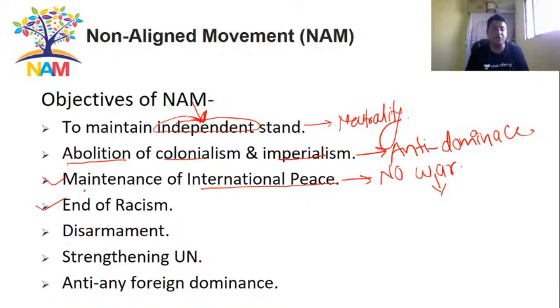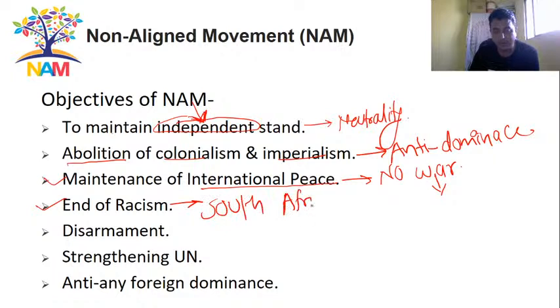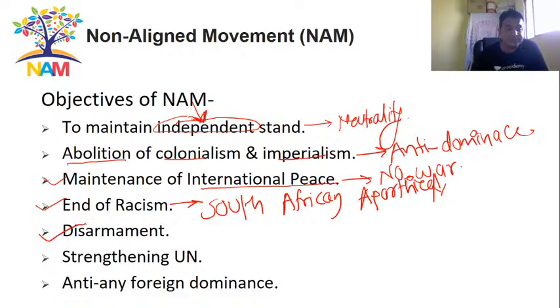Next, end of racism. Yes, NAM took a strong stand against South African apartheid. Next, disarmament is also an objective.